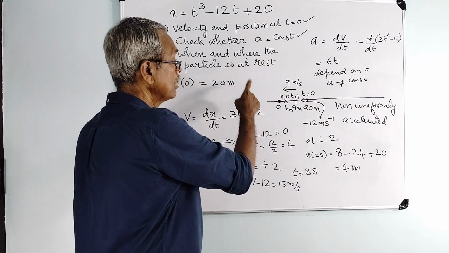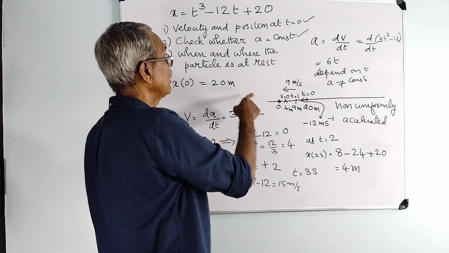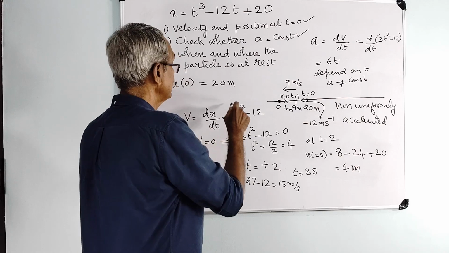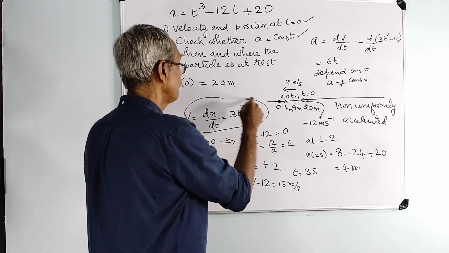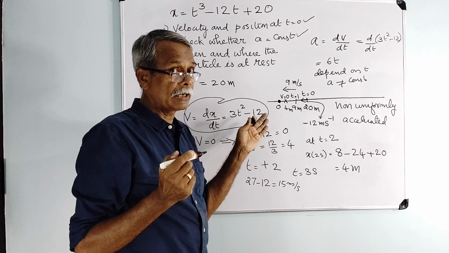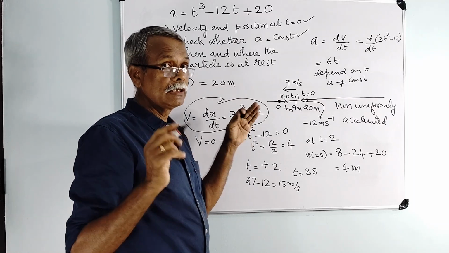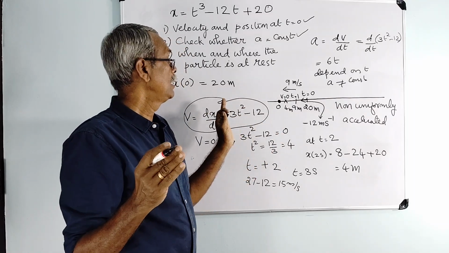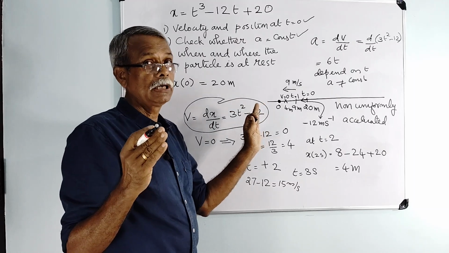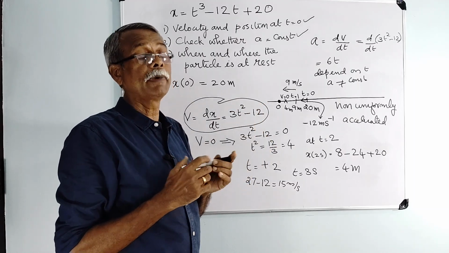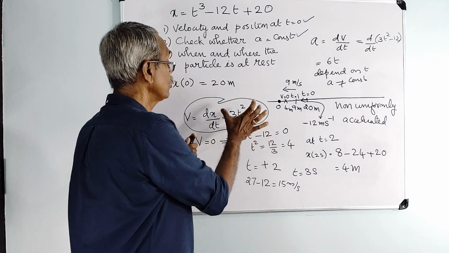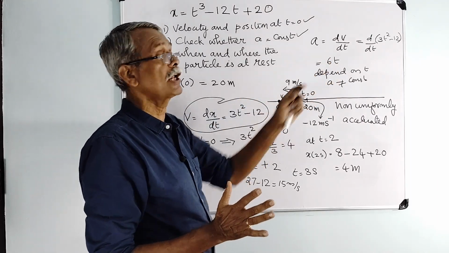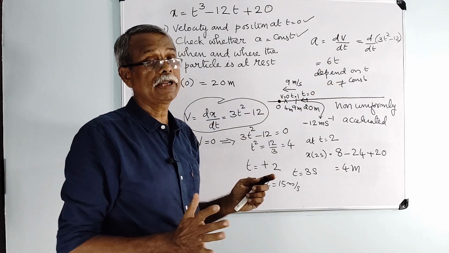You cannot calculate the average velocity directly from the velocity expression using the method we have seen earlier. But using integral calculus you can calculate that, which I will discuss when we take up integral calculus. Using differential calculus, you cannot calculate the average because acceleration is not a constant.